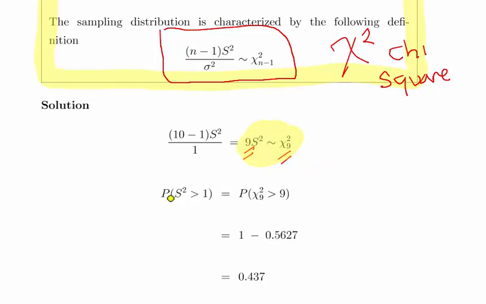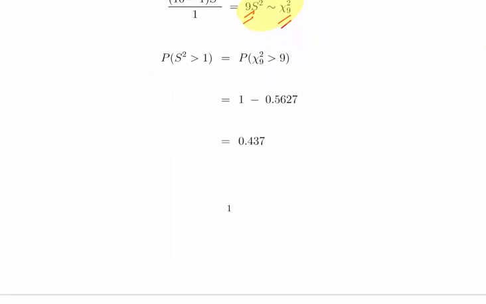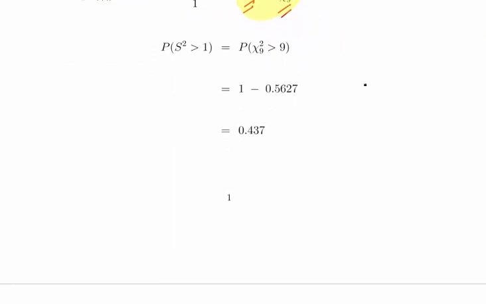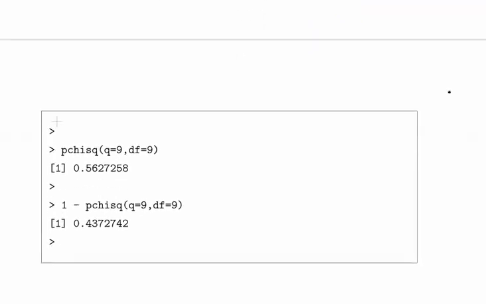So the probability of s squared greater than 1 equals the probability of chi-squared with 9 degrees of freedom greater than 9. Now this is where we use R. How do we get this? In this particular instance, we use R to get 0.4372. I'll show you the code: pchisq with q equals 9, degrees of freedom equals 9.